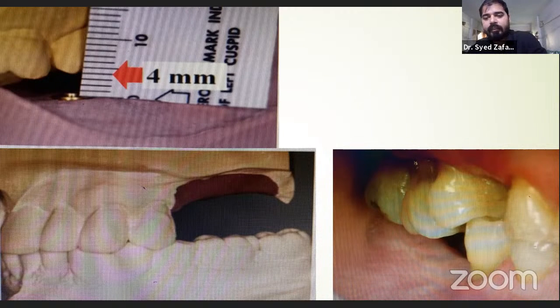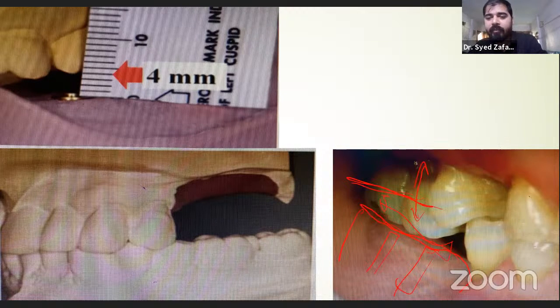In this type of case, will you place an implant in the lower arch? If you place an implant, there is no space for the crown. You need to separate the tooth, or you need to root canal or crown the tooth, or you need to extract the tooth to make some space.